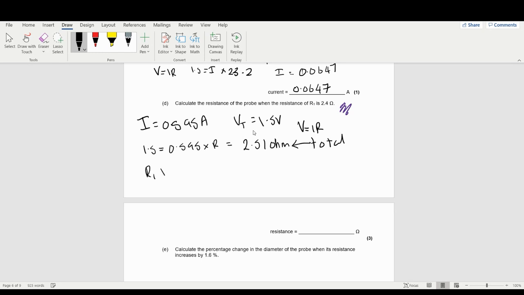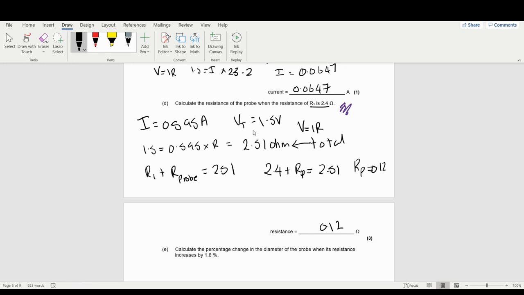And that's going to be R1 plus R of the probe equals 2.51. So I know that that is R1. So I've got 2.4 plus R of the probe is 2.51. The probe is going to be 2.51 minus 2.4. It's going to be 0.12.